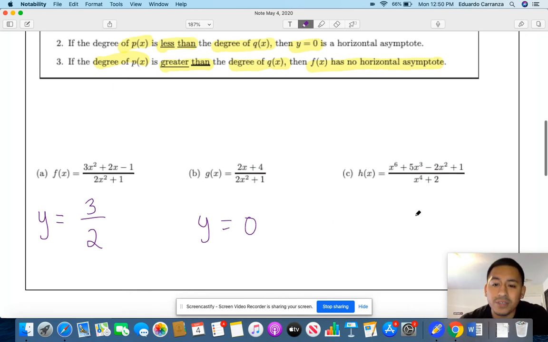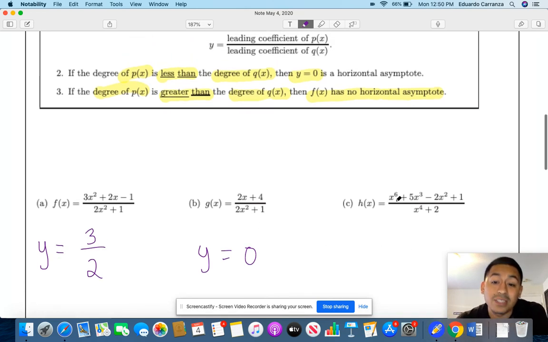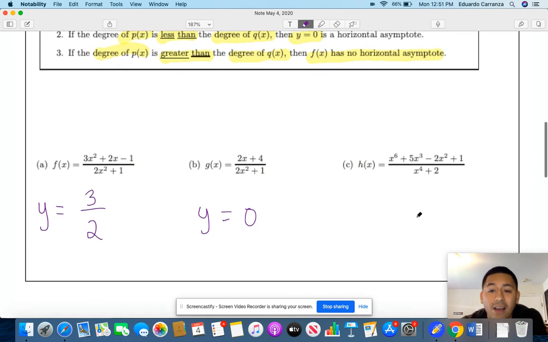And then last one for C, we have this really long polynomial, x to the power of 6 plus 5x cubed minus 2x squared plus 1, all divided by x to the power of 4 plus 2. And so here we can see that the polynomial in the numerator is of a higher degree than the polynomial in the denominator. So that takes us to our third rule. If the degree of p of x is greater than the degree of q of x, which is the case for example C, then this function does not have a horizontal asymptote.